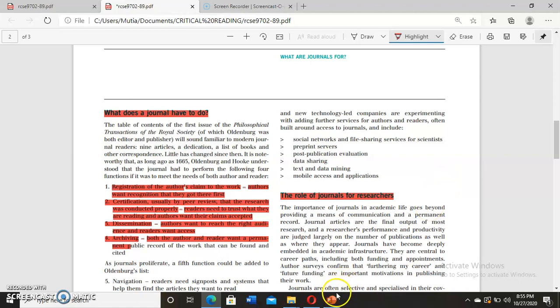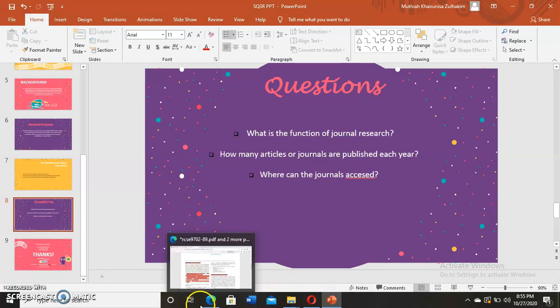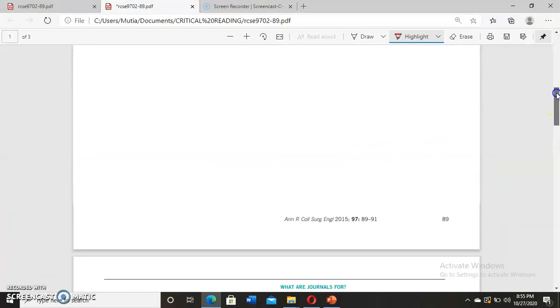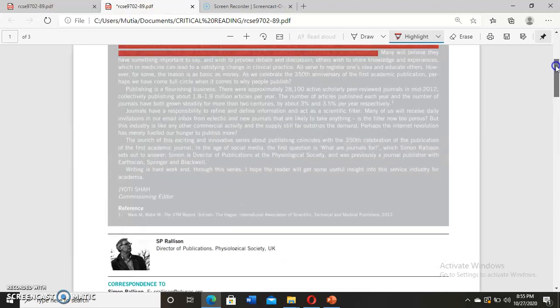For the second question, how many articles or journals are published each year? I find the answer. And this is the answer. Publishing is a flourishing business.